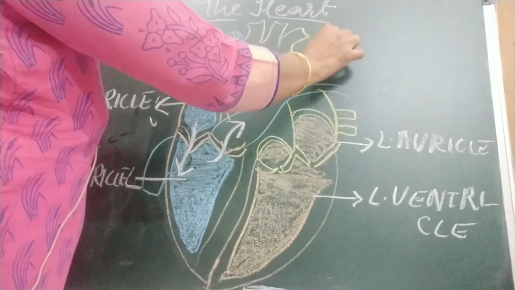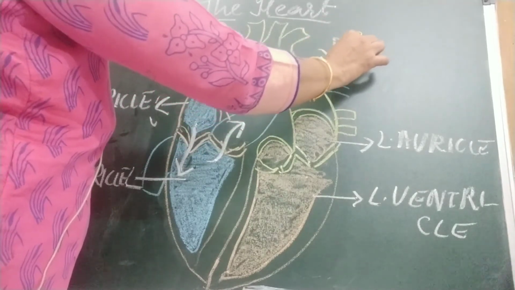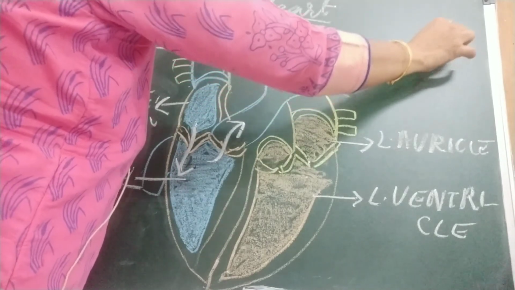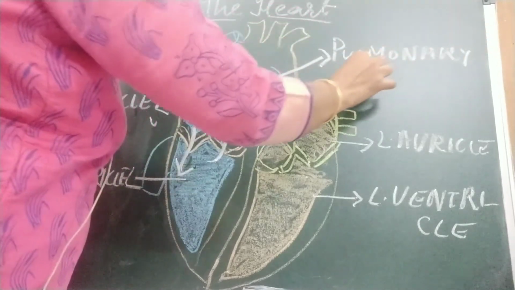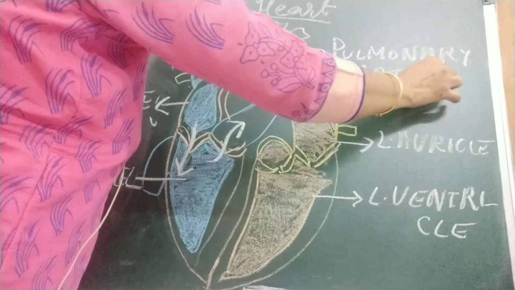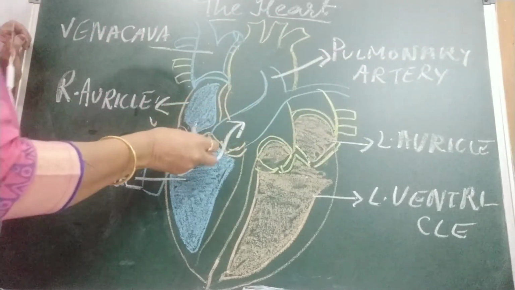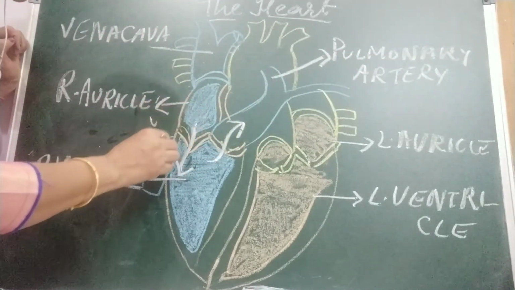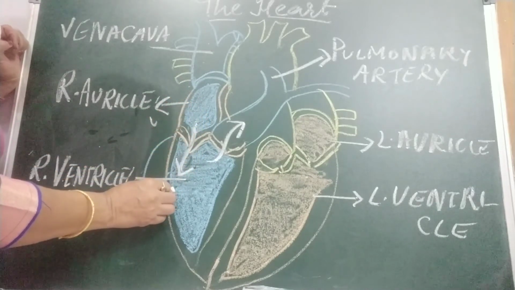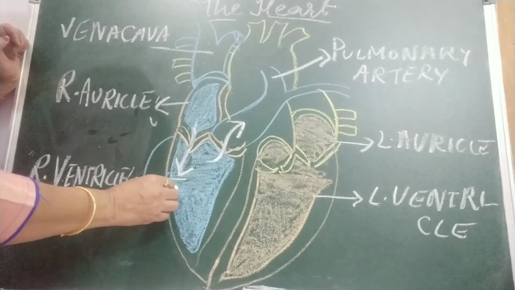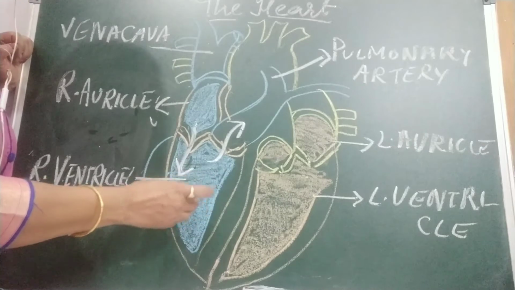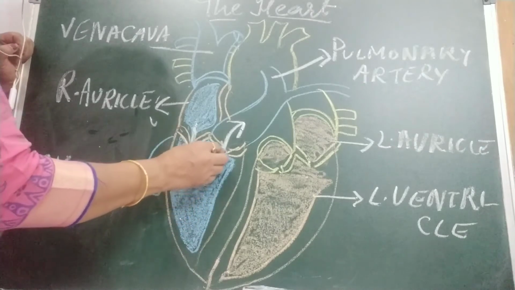Children, if you remember, I told you there is only one artery that carries deoxygenated blood: the pulmonary artery. When the auricle squeezes, this valve opens and deoxygenated blood goes to the right ventricle. When the ventricle contracts, the blood goes through this.